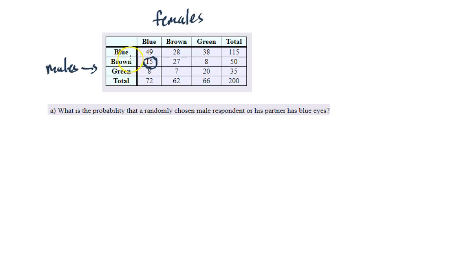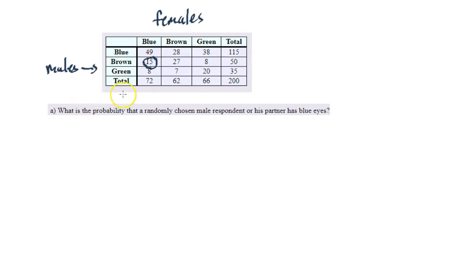So brown-eyed males that have a couple that's married or, I'm not sure, is in a relationship with a blue-eyed female. So that's what this represents: 15 total couples that have brown-eyed males with a blue-eyed female in a relationship. So that's how you read this.